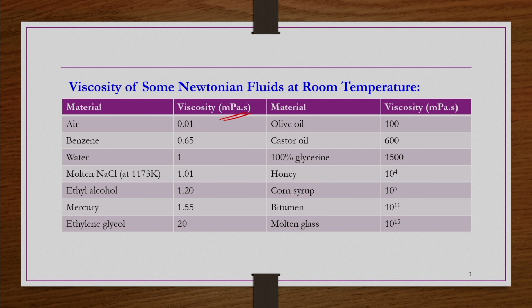You can see the materials have viscosity as low as 0.01 millipascal second, 1 millipascal second, 20 millipascal second, 10 power 4 millipascal second, 10 power 11, 10 power 15 millipascal second. Such large viscosities are possible, but they are still Newtonian fluids. So, it is not necessary that any material having a large viscosity is a non-Newtonian fluid. One should not have such a misconception, right.